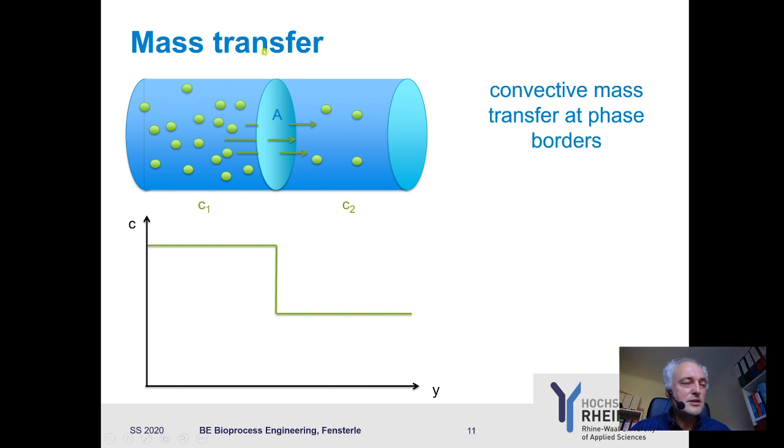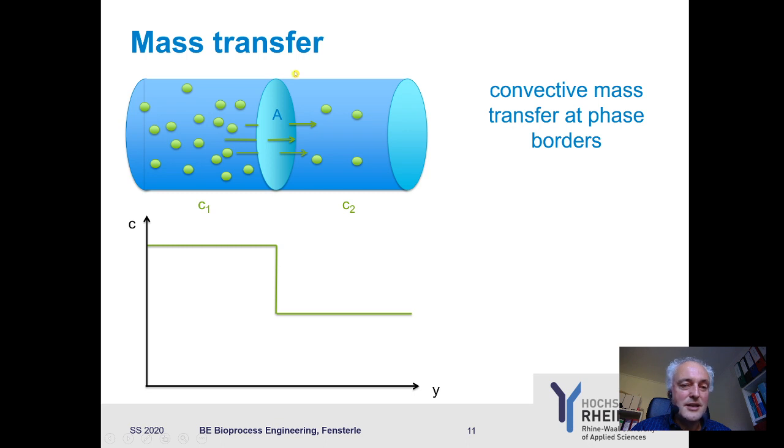Now, of course, the question is, how high is our mass transfer? The rate of the mass transfer must be proportional to a driving force. The driving force is the concentration gradient. So obviously the higher this concentration gradient is, the higher the driving force. And another thing is, the higher this area is, the higher also the transfer.